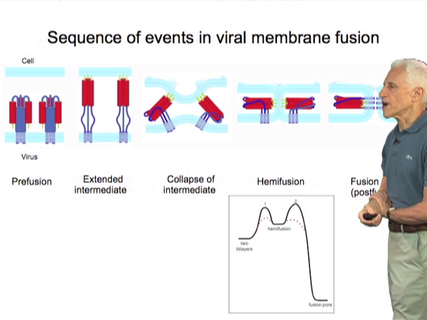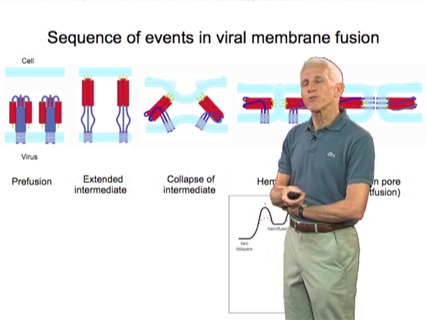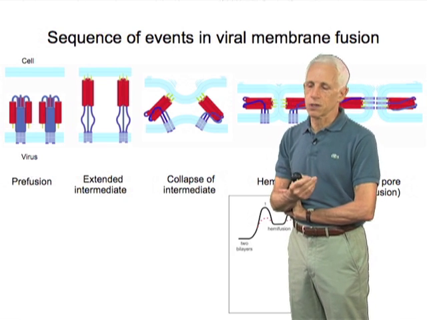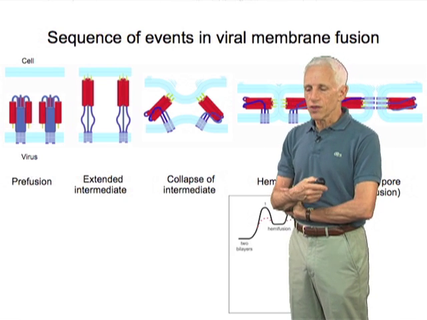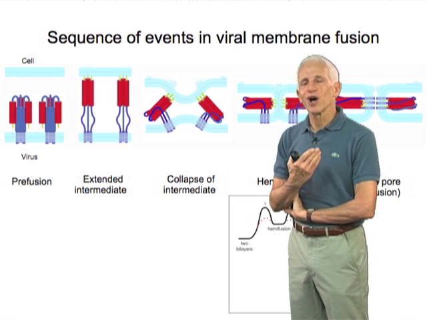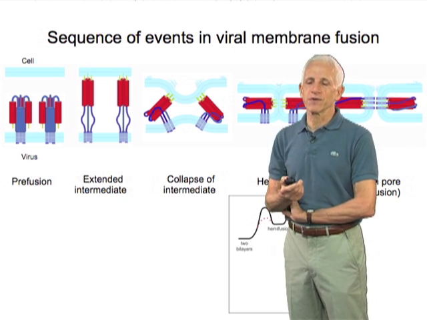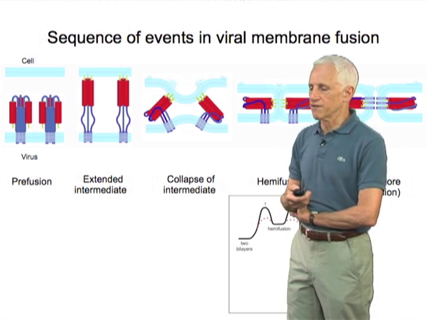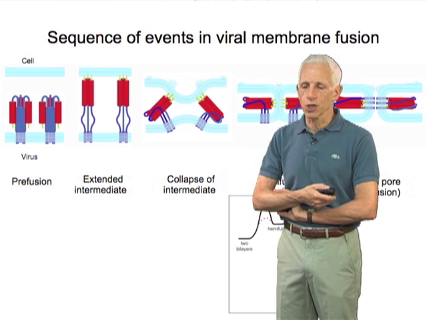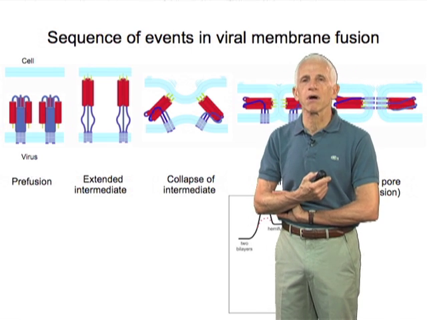In the case of viral proteins, there's a sequence of events that's reasonably stereotypical, it turns out, even though the molecular machinery driving this series of events may look very different. That is, the fusion proteins of different viruses may be very different from the point of view of their protein architecture.